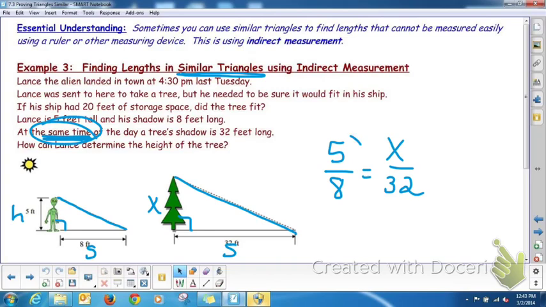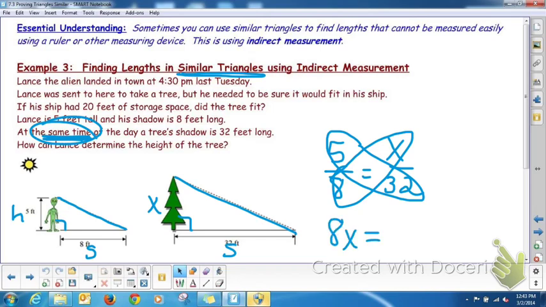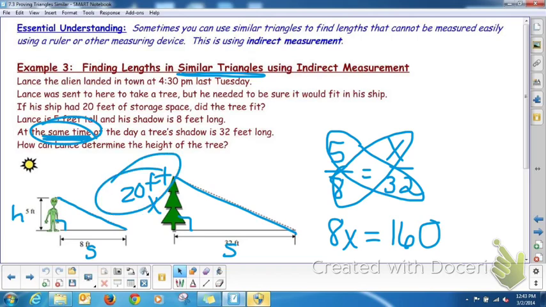So you want to cross multiply and divide. 8 times x is 8x. And 32 times 5 would give us 160. So you would divide by 8 to find that the tree is 20 feet tall. So it'll fit. Lance can take it back to outer space.